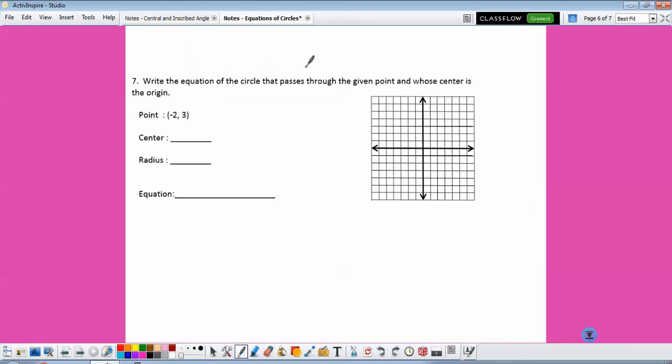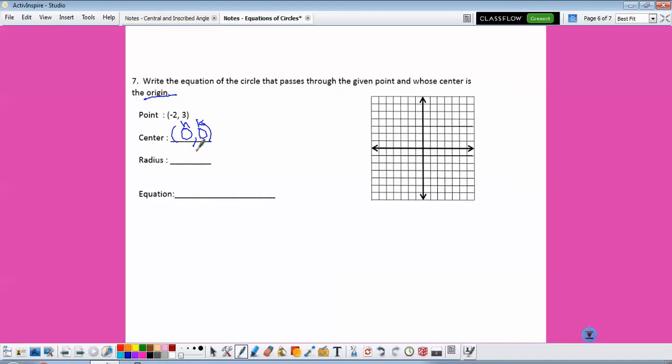Write the equation of a circle that passes through the given point and whose center is on the origin. So since the center is the origin, we know the center is at 0, 0, because that's the origin of the circle. So I'm going to start plugging into my circle equation. Remember, the center is h and k.